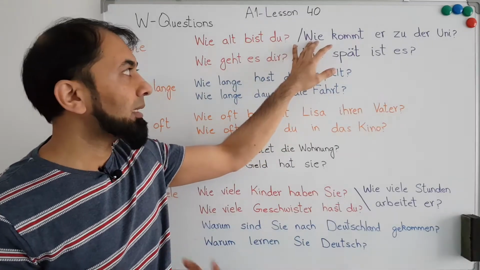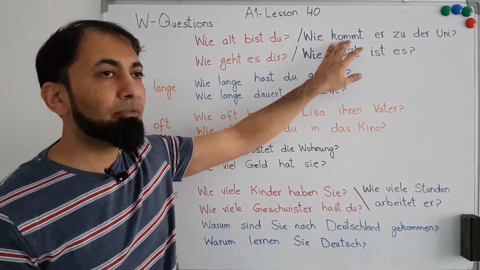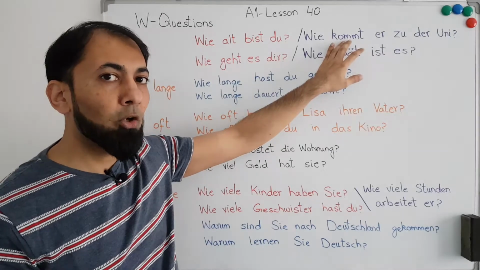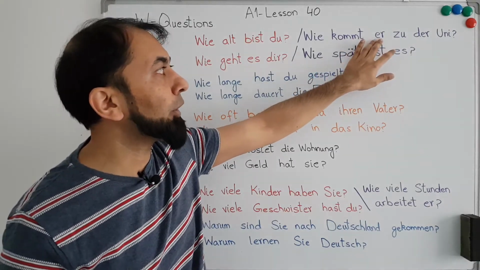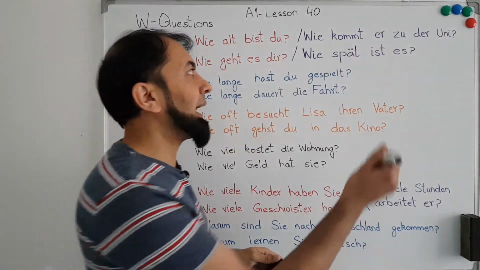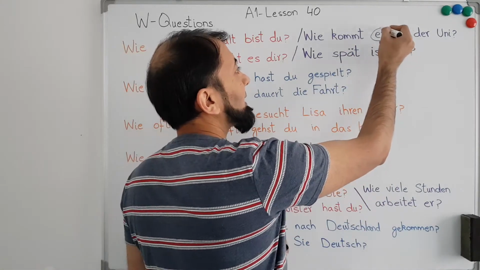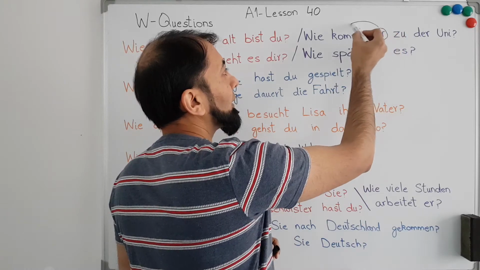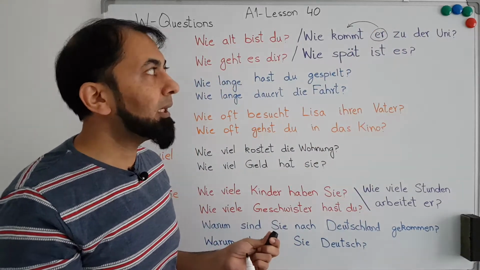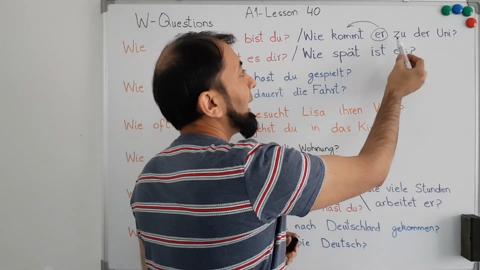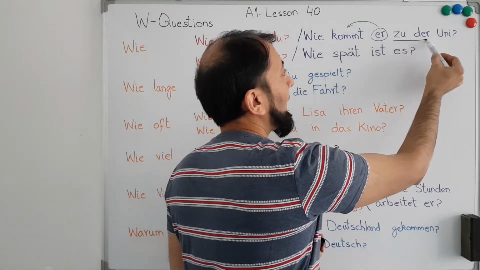Wie means how. At the second position we have the verb kommen, which means to come, and it is conjugated according to the subject of the sentence, which is er in this sentence example. If we conjugate kommen with respect to er, it becomes kommt. Wie kommt er, and then we have zu der Uni.